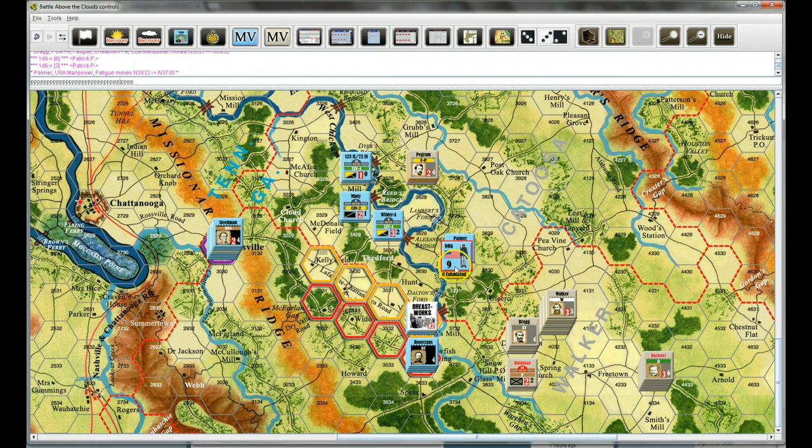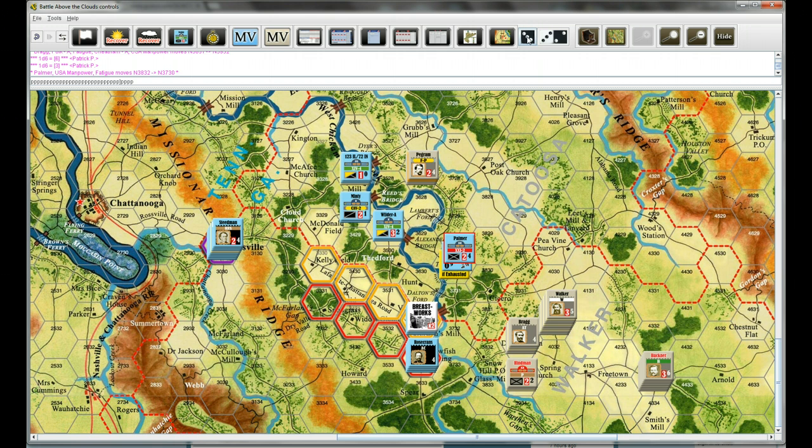So the penalty is to first flip this to disorganized, and then you have to roll a die to see how many additional movement points you're going to get. Even if you roll a 1 or a 2, the least you can always add is 2 movement points. So you're guaranteed to add 2 movement points to whatever you've got.